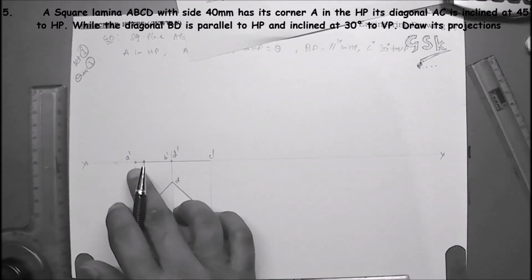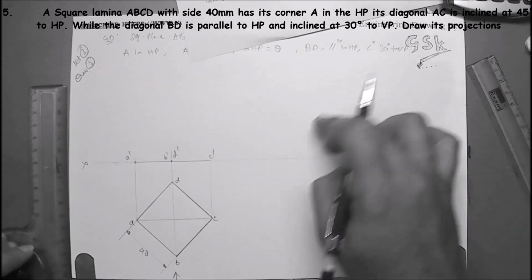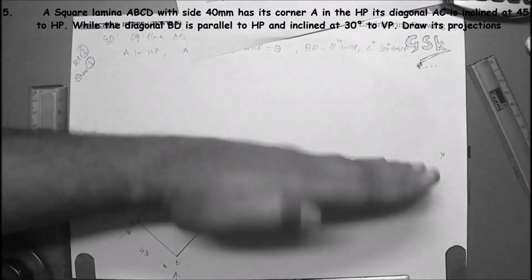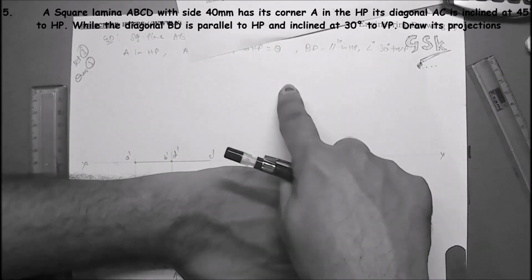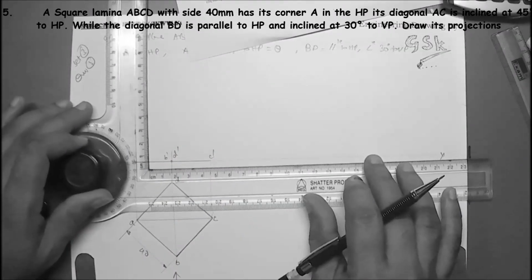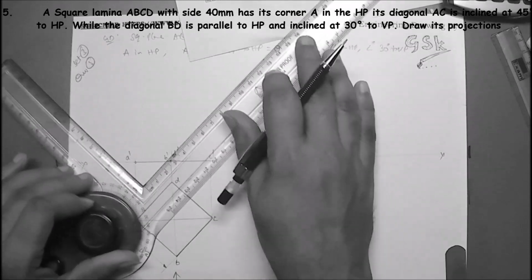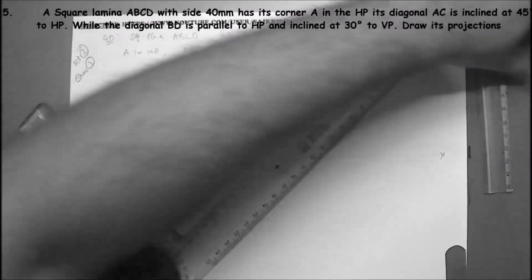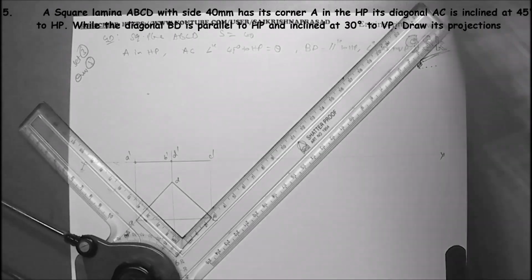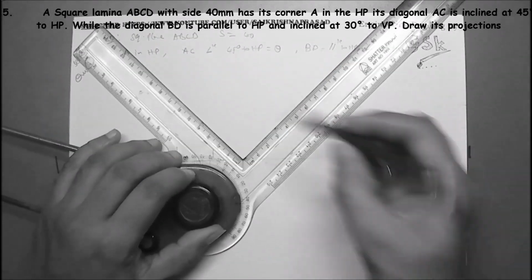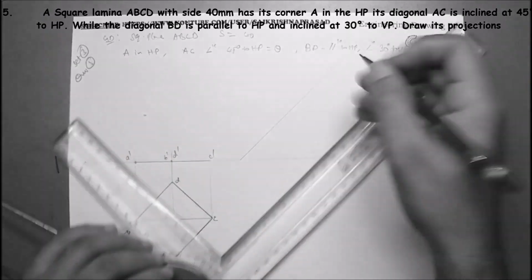Right. Next, diagonal AC is 45 degrees inclined to the HP. You can consider this as HP, this as VP. HP rotates like this. So top view comes here, front view comes here. Right. So let me keep this 45 degrees array.